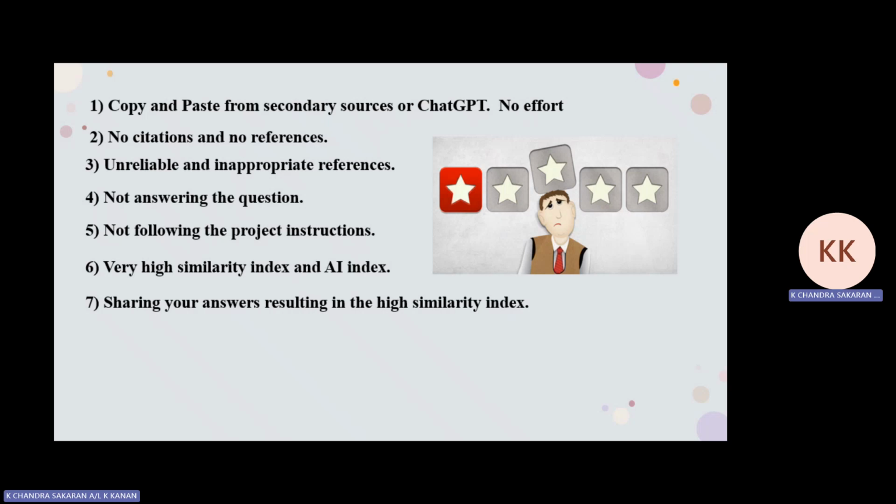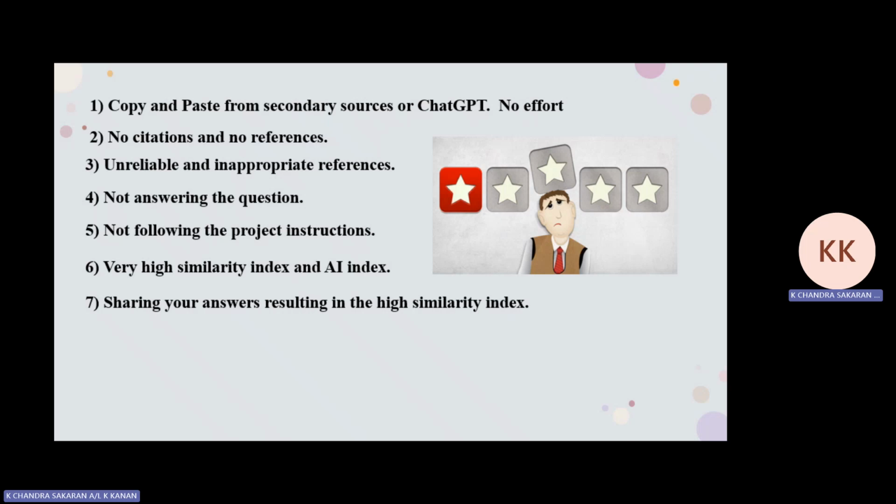Do not take your answer and put it in ChatGPT to do grammar correction. If you do that, the AI index will be very high. You can use ChatGPT or AI for learning, to understand the question, but not to generate your answer. Very important. Do not generate answers.